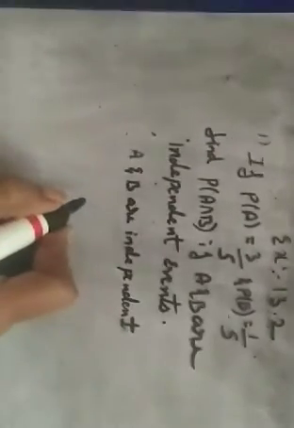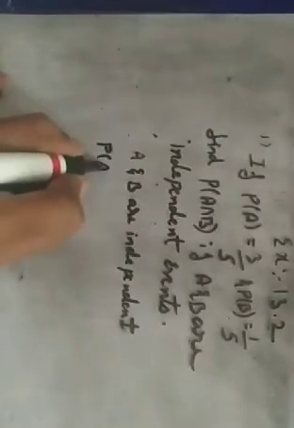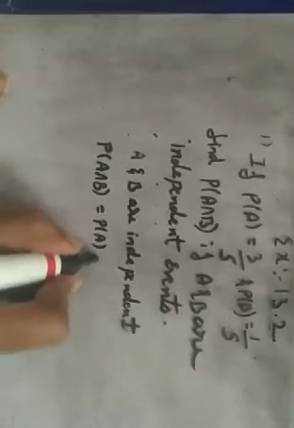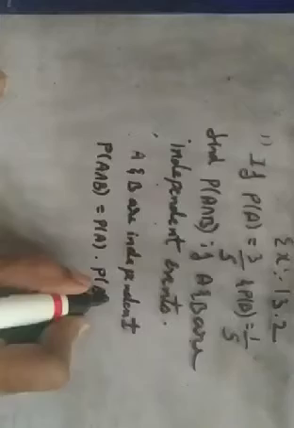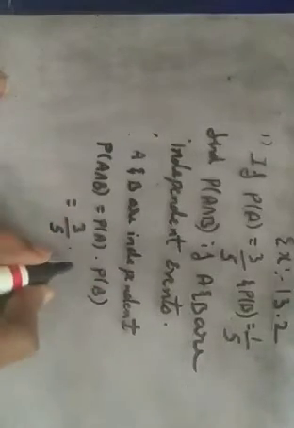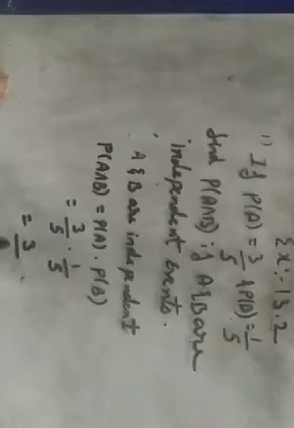If they are independent, the formula is given by P of A intersection B is equal to P of A into P of B. What is P of A? 3 by 5. What is P of B? 1 by 5, which is equal to 3 by 25.